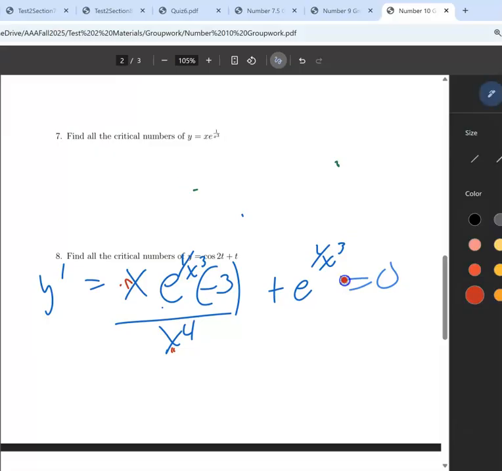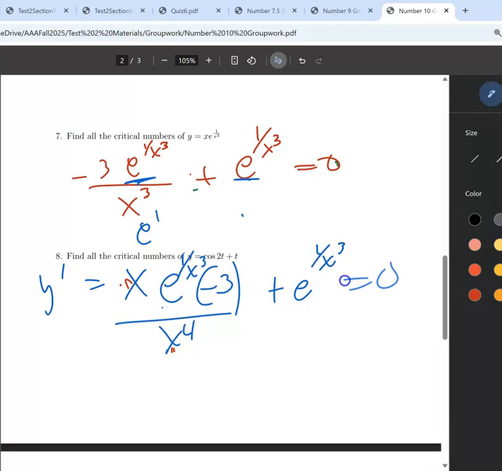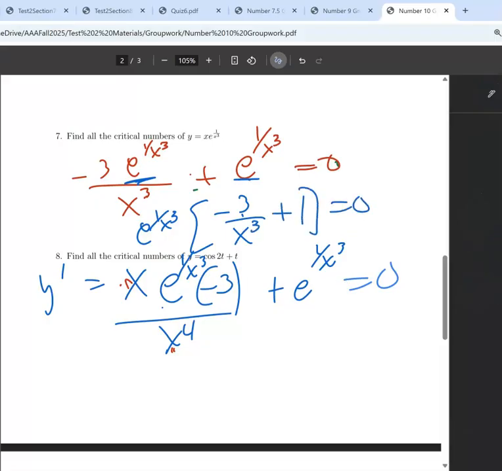So these two x's cancel. I get negative 3 e to the 1 over x cubed over x cubed plus e to the 1 over x cubed. And I'm setting that equal to 0. Oh, I can see that I can factor out this ugly term, right? So if I factor out e to the 1 over x cubed, I get negative 3 over x cubed plus 1 equals 0. Quite the adventure on this one, right?